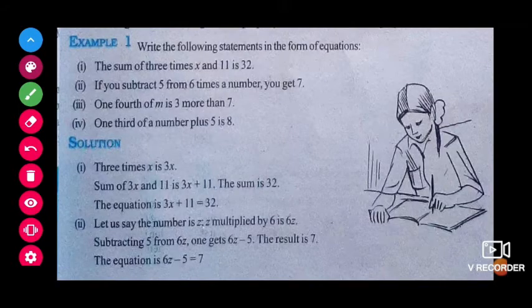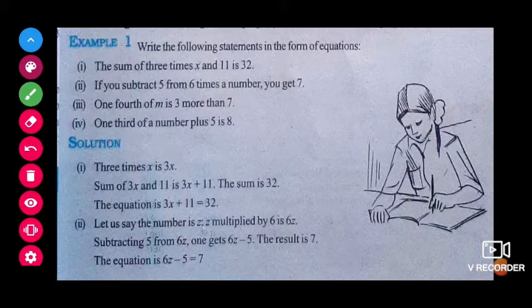now we will see some example statements, how we can frame the algebraic equation or expression. That means how we can convert the given statements into expressions. In the same way, if we have some algebraic expression, how we can write it as a statement. Okay, first one: the sum of 3 times x and 11 is 32.